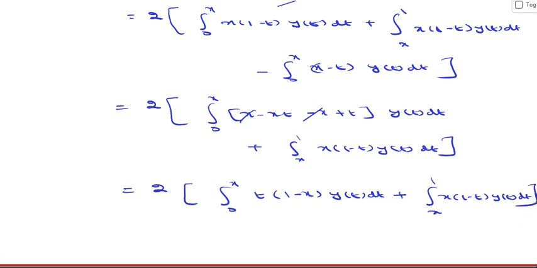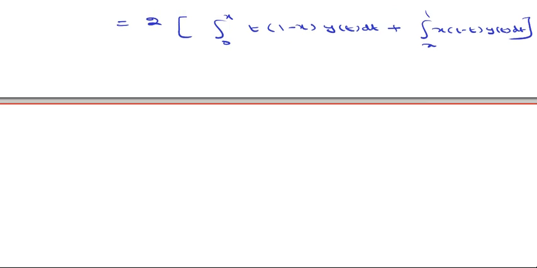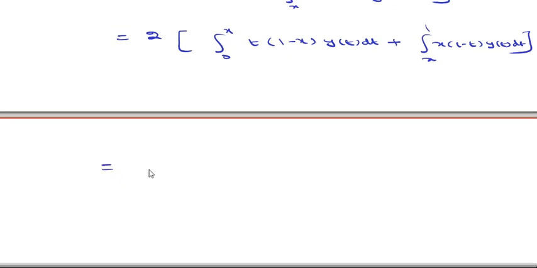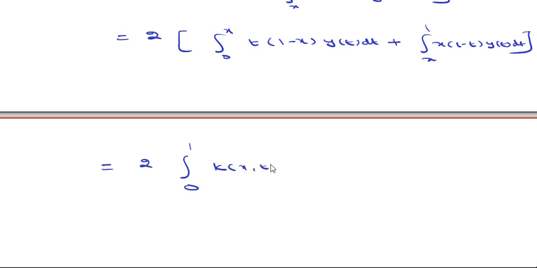Therefore, this is 2 times integral 0 to 1 of k of x comma t, y of t dt.